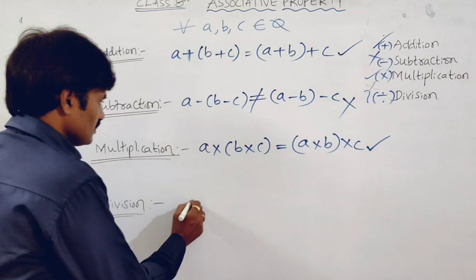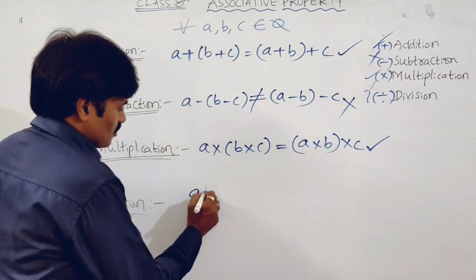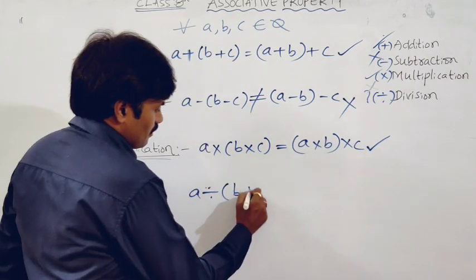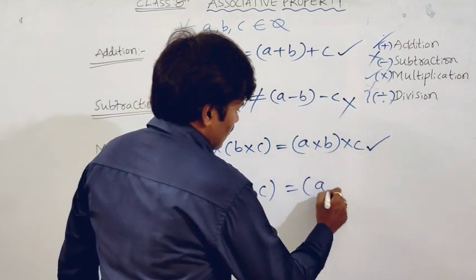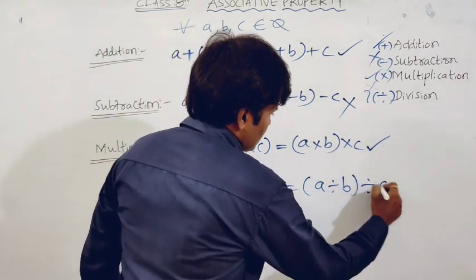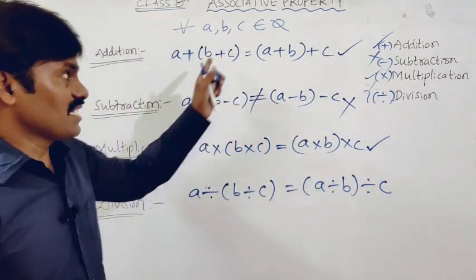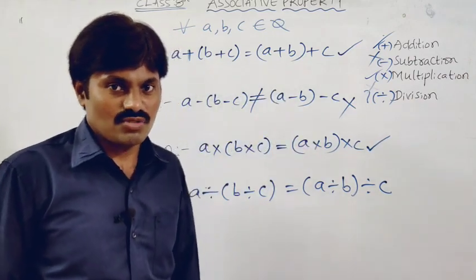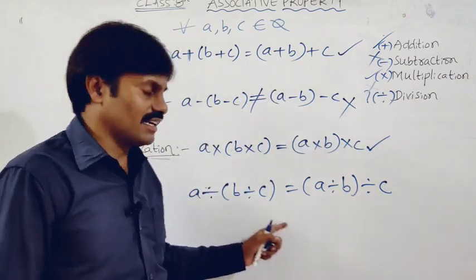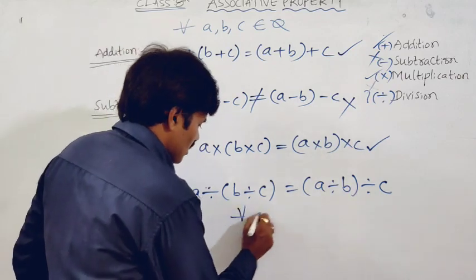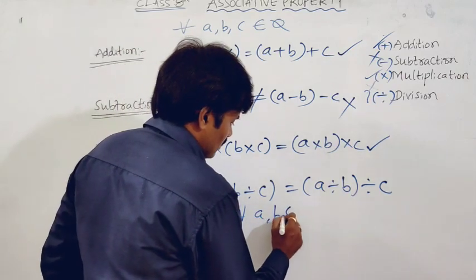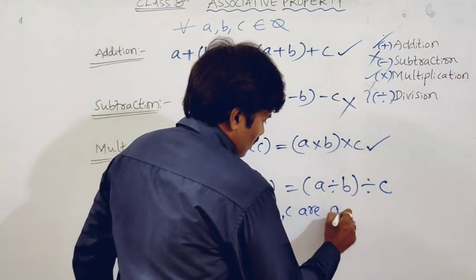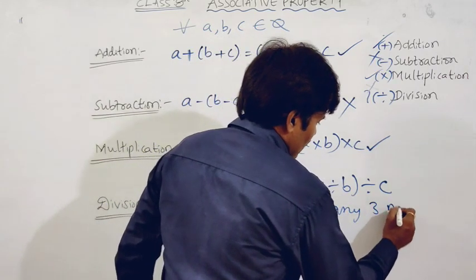Okay. In division, here also A divided by B divided by C is not equal to A divided by B divided by C. Here A, B, C are any three non-zero rational numbers we have to take, while dividing.